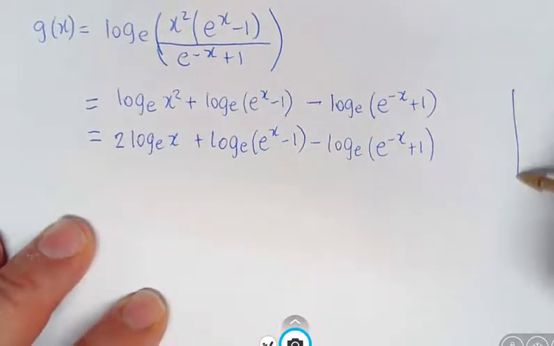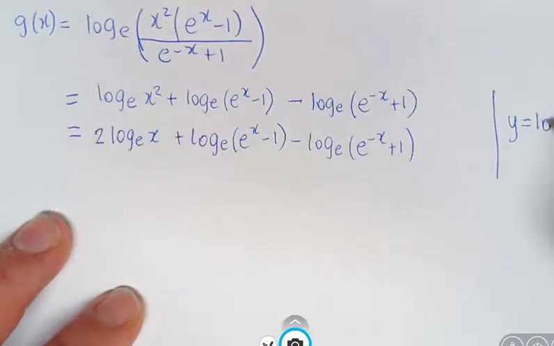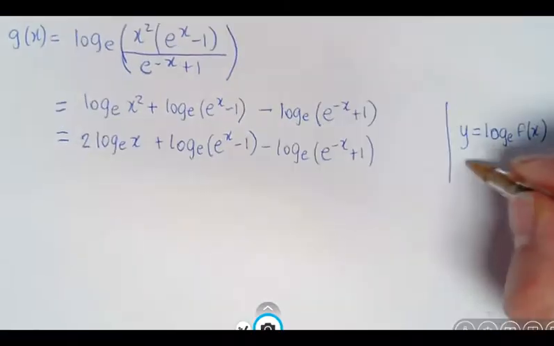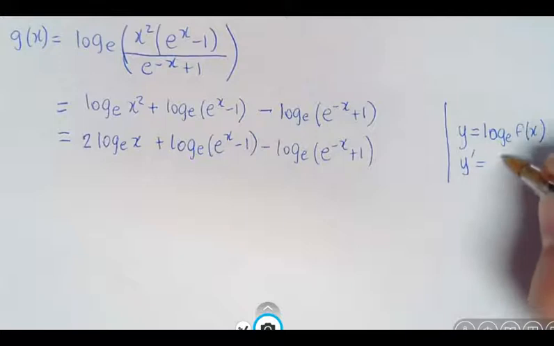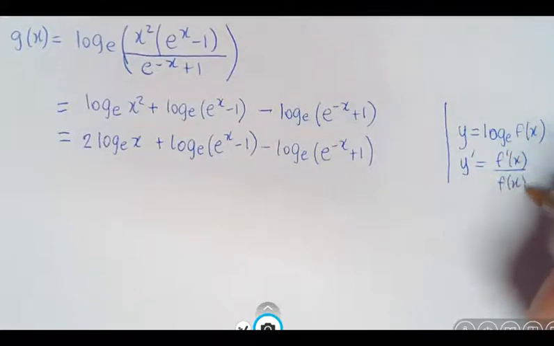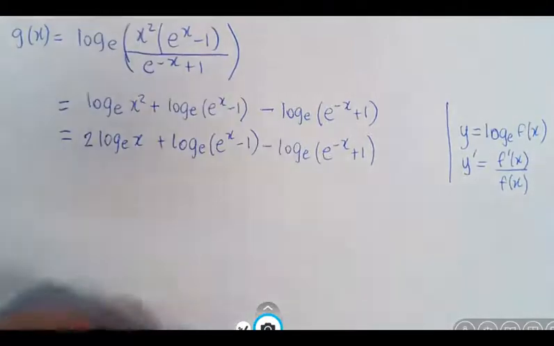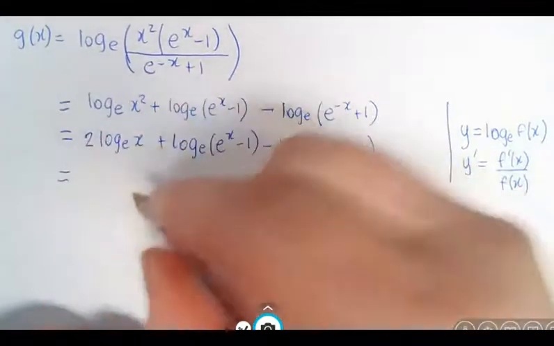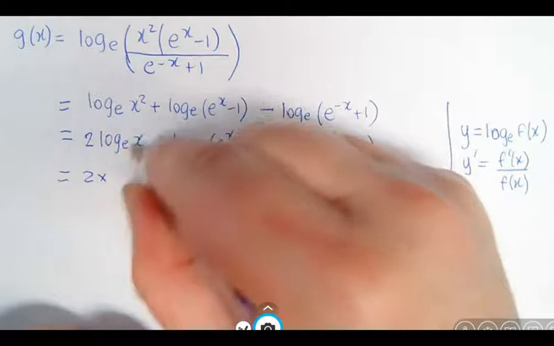Remember the rule that if y equals ln, or log to the base e, of a function of x, then y dash, or dy dx, is f dashed x over the function of x. So using that now, we've got 2 times ln x.